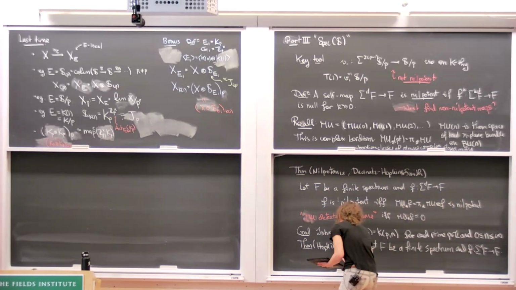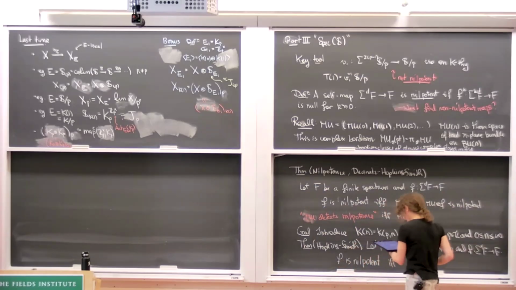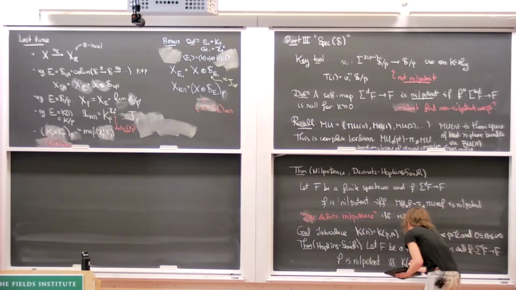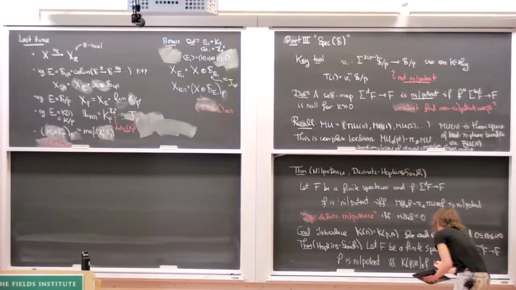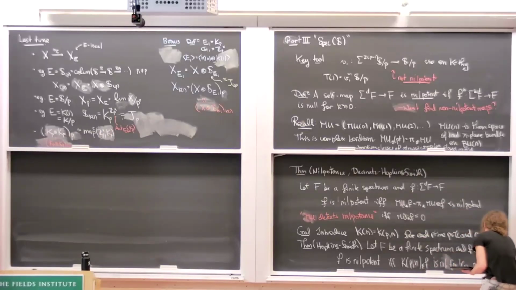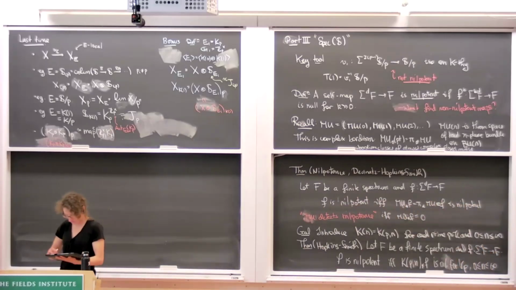Then f is nilpotent if and only if K(n) star of f is nilpotent for all p and all n.